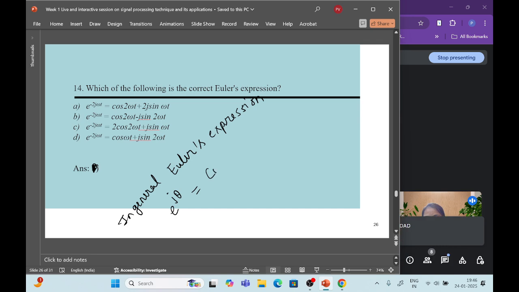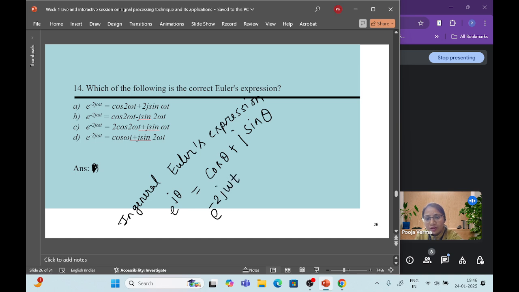So Euler's expression is cos theta plus j sin theta. But here it is given in the form of e to the power minus 2j omega t, right? In place of theta we have to put 2 omega t.